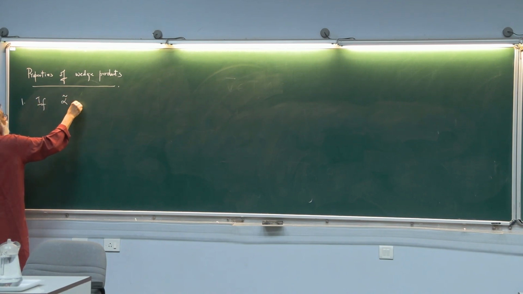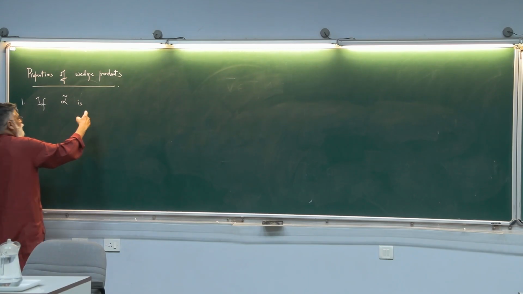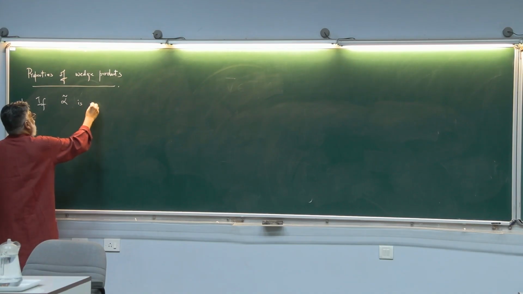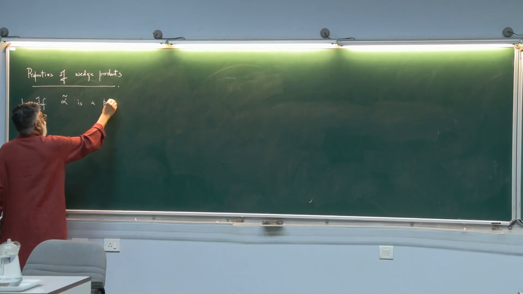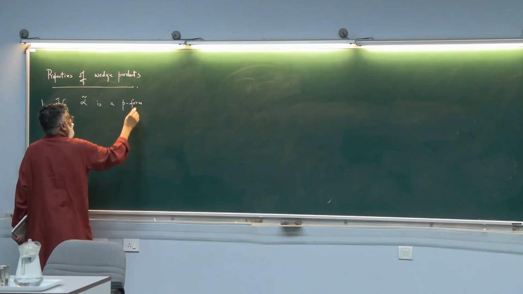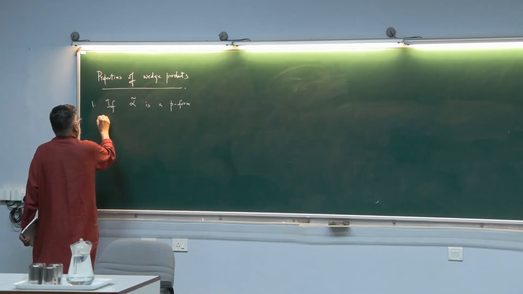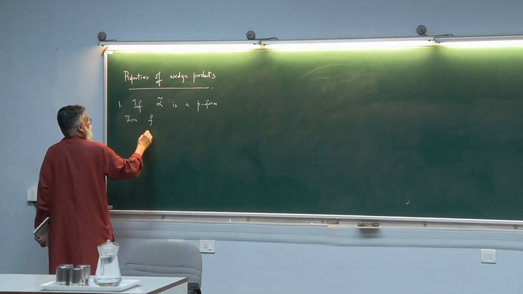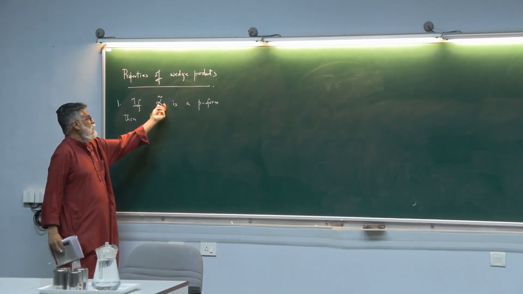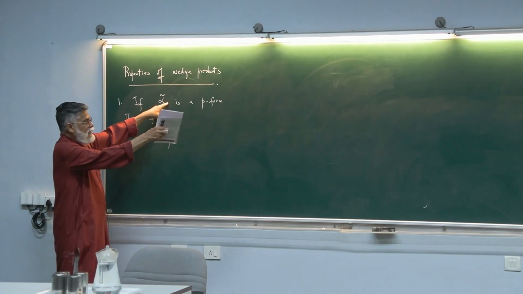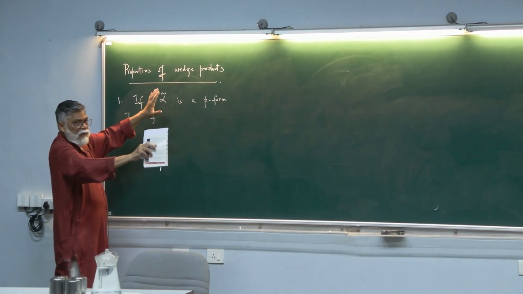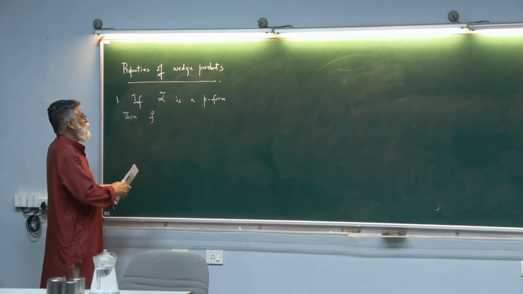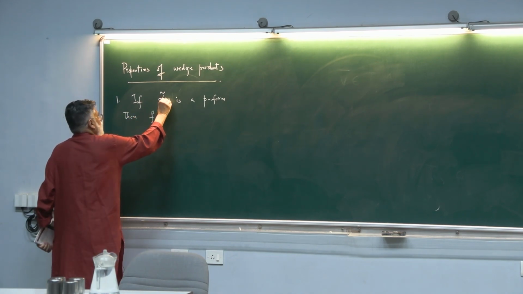I mean, what I am going to write down is obvious. So if alpha is a p form, then a 0 form f. By the way, now I am suppressing the argument x. We know that these are now fields. We are now talking about forms over the entire manifold. They are fields, but in the back of the mind we know that this depends upon x.